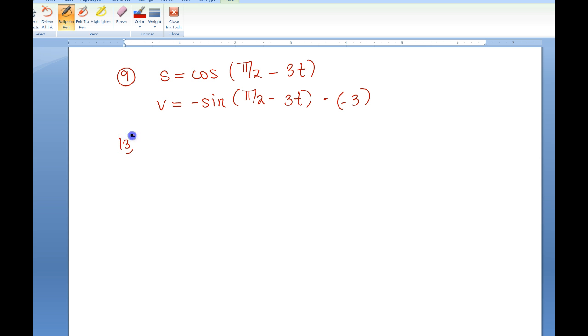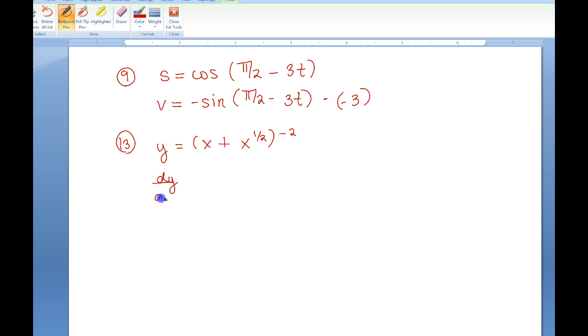Next one, 13. 13 is x plus, I'm going to write the square root of x as x to the 1/2, and then all to the negative 2. So this is going to be the power rule, chain rule.